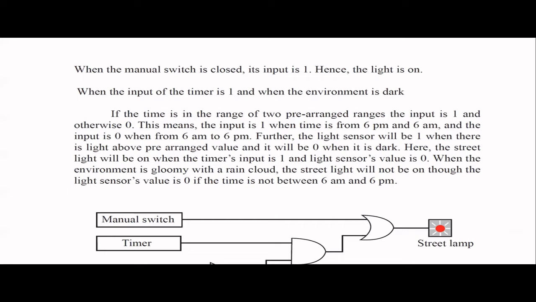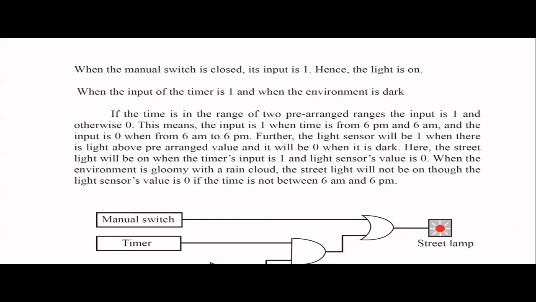There is a small thing there, right? Only when the light sensors are not detecting light, we have to switch on the street lights. Hope you understand. That means when the environment is very dark, the light sensors will not detect light. Then you have to switch on the street lights.